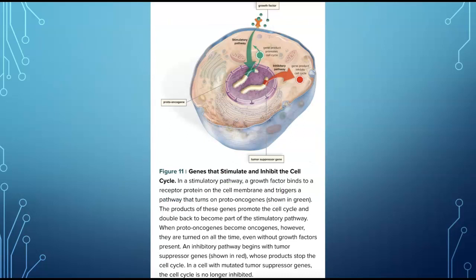So, all right, kind of the overview when we look at genes that stimulate and inhibit the cell cycle. There are different genes involved here I want you to be fairly aware of. We have our tumor suppressor genes, we have our proto-oncogenes. So when that growth factor hits the cell membrane, it triggers events inside the cell. What is the cell going to do?